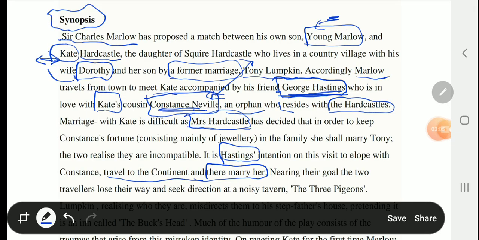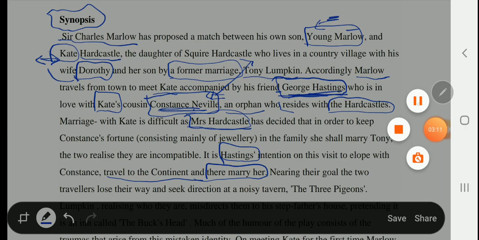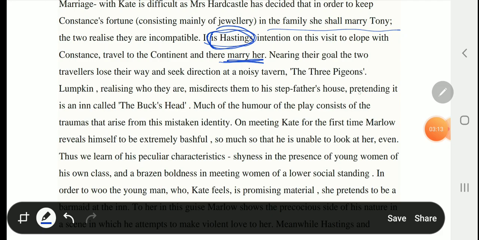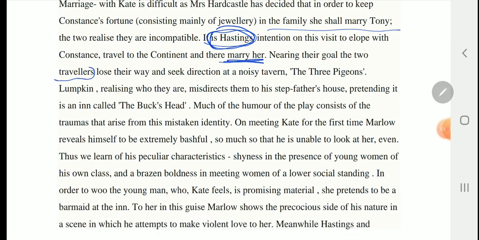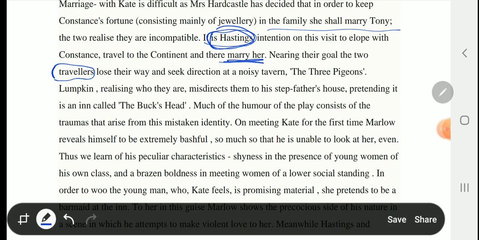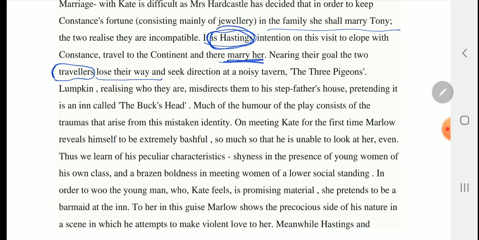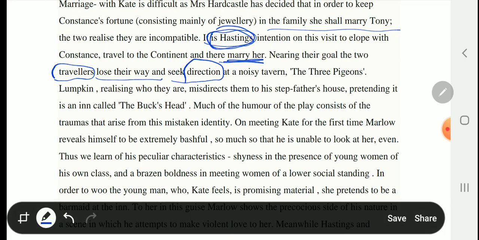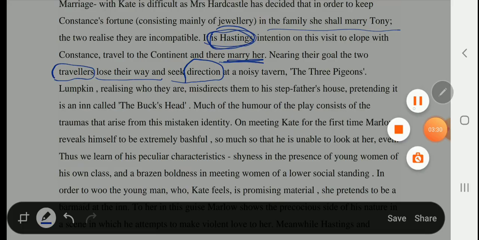Both Marlowe and Hastings, on their way to Mr. Hardcastle's house, lost their way. The two travelers lost the direction to Mr. Hardcastle's house.